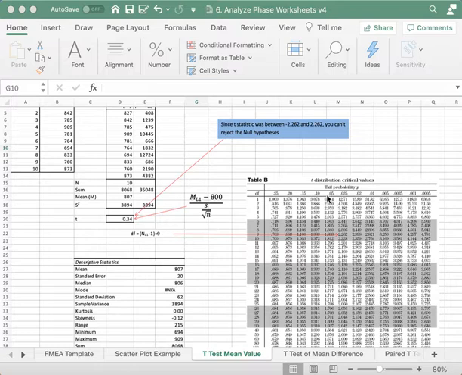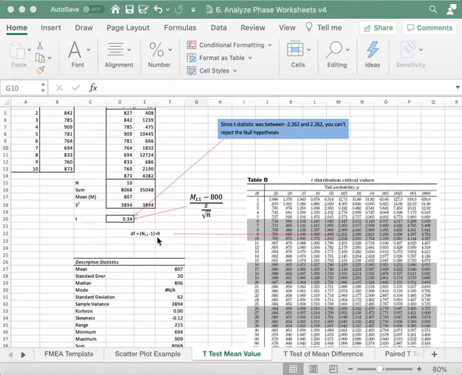Basically, we need to look at these two columns. If I do one tail, I look at this column, which is 0.05. If I'm looking at two tails, I look at this one because it's 0.025 on each side, as I explained in the other video.